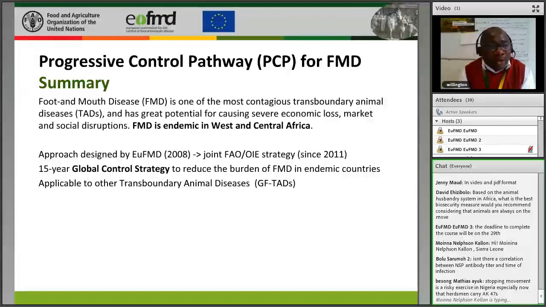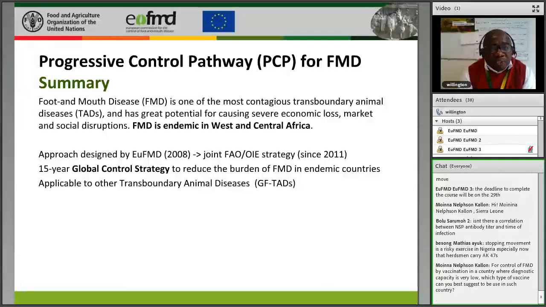Now, in the last module, you had the occasion to look at the progressive control pathway. Summarily, the progressive control pathway is a tool which is used by the FAO, OIE, and all countries that are engaged in the global control strategy for the control of foot and mouth disease.